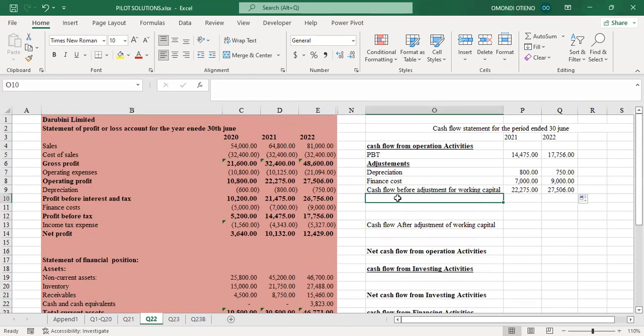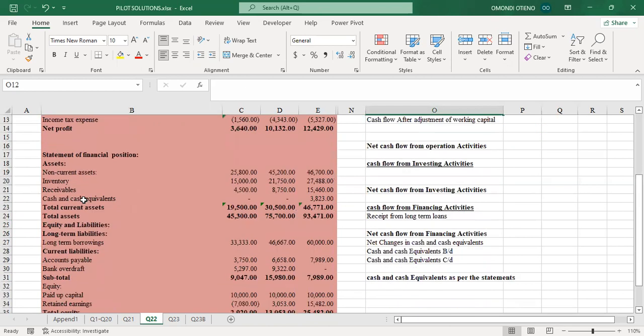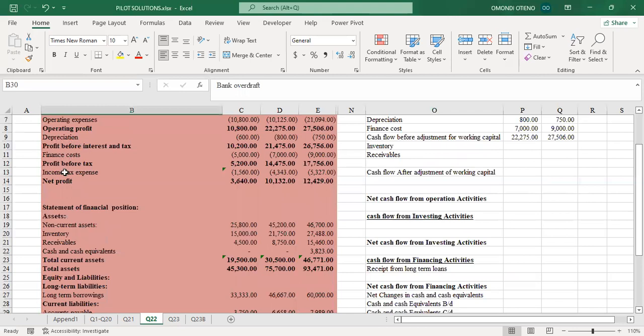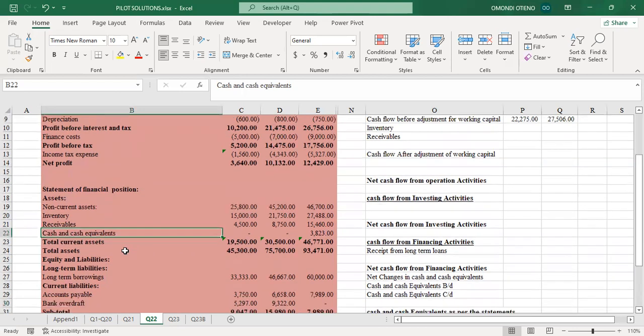So let's now bring our inventory and receivables. Then we go to the section of current liabilities. Under current liabilities, remember bank overdraft is a cash and cash equivalent item, and also we have cash and cash equivalents in the current assets.